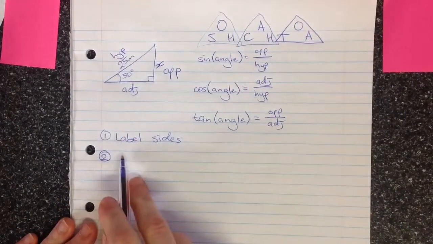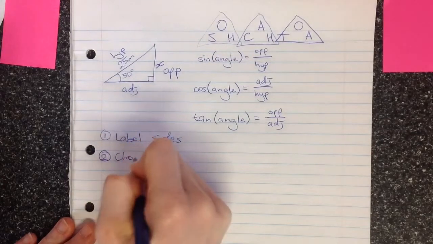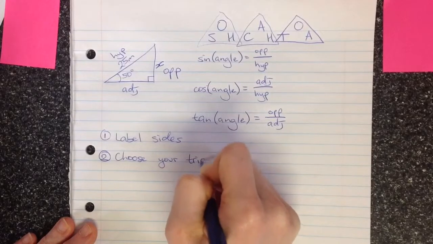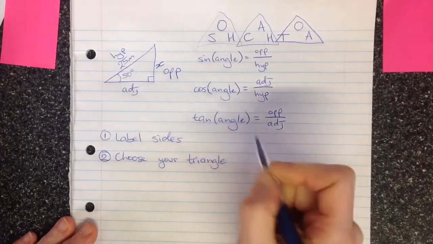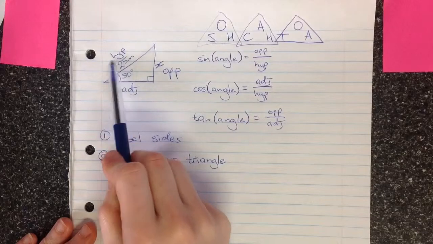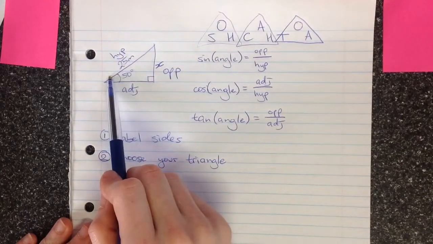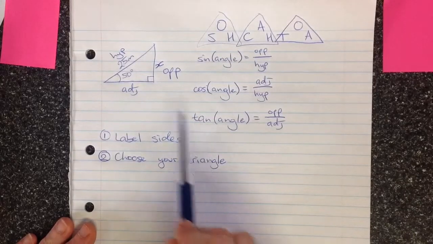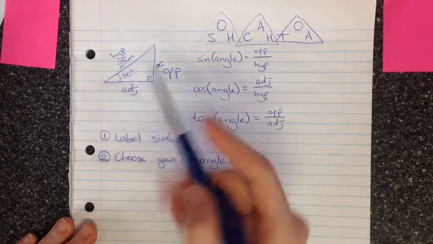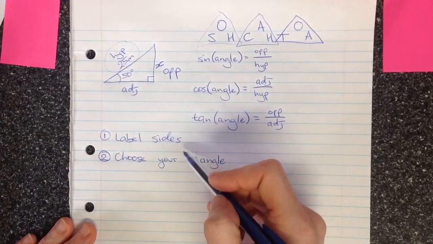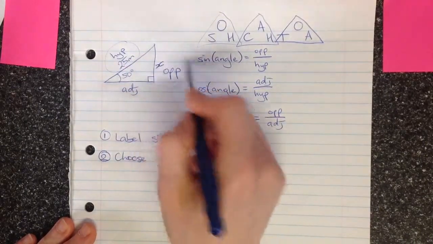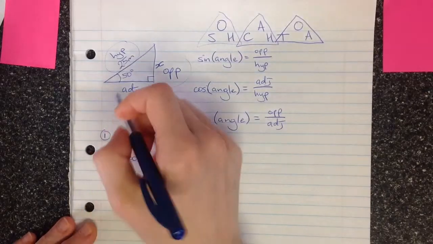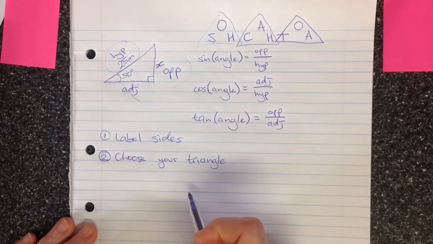The next step is choose your triangle. That is, you look for the sides that you care about and then use the particular function that goes with those two sides. So, in this particular example, I have the hypotenuse that I care about and I have the opposite that I care about. I'm not worried about the adjacent. I don't need to know that side just now.